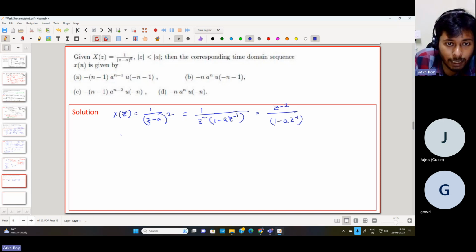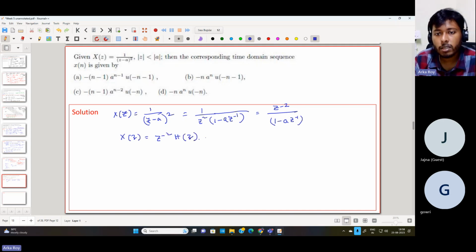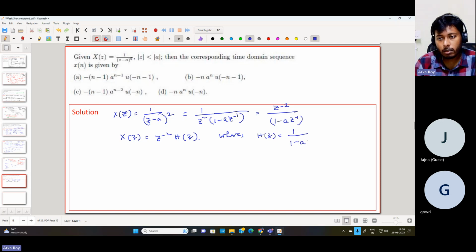Okay. So I can write X of z as z to the power minus 2 times, let us consider this is H of z, where H of z is equal to 1 divided by 1 minus a z inverse.